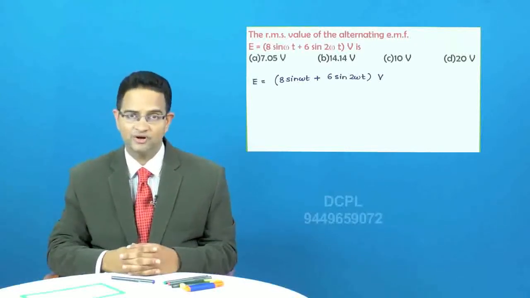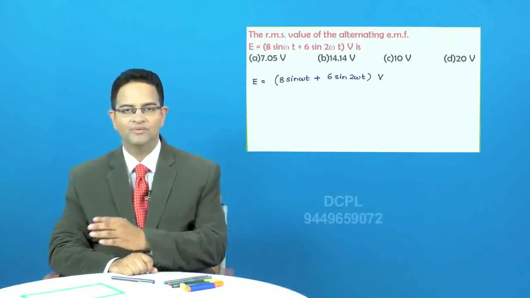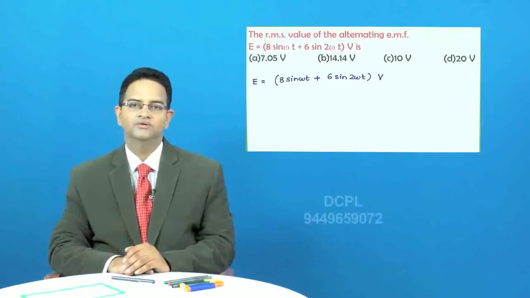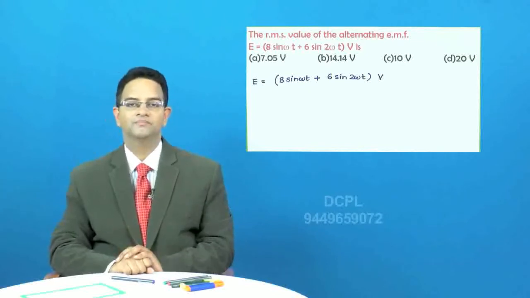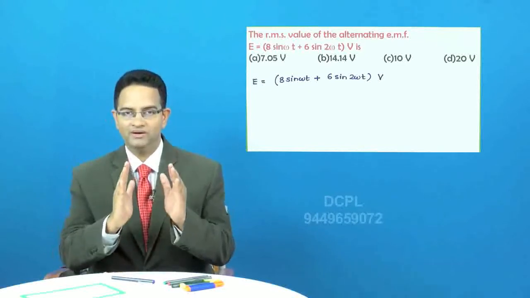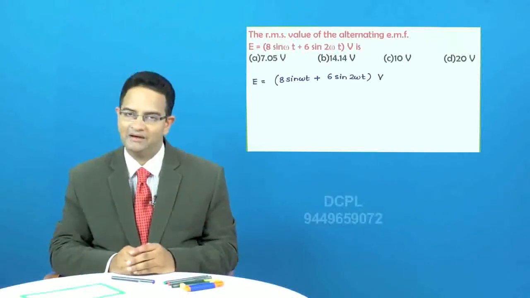Another method is using trigonometry, where suppose if I have an equation V is equal to V1 sin omega t plus V2 sin omega t, I can divide and multiply by root of E1 square plus E2 square. Then E1 by root of E1 square plus E2 square can become sine of some alpha.